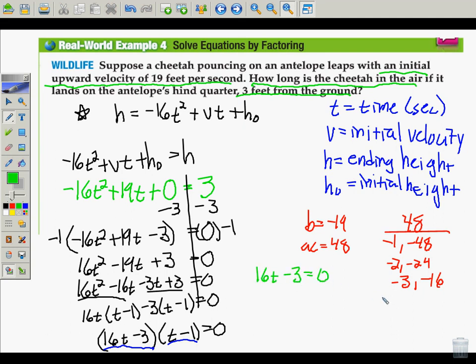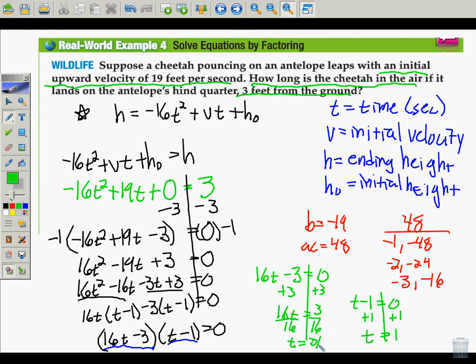This equation, I would get t equals 1. The other equation, I would add 3 to each side, and we get 16t equals 3, divide each side by 16. You'd get t equals 3/16. Okay? So I know t equals 3/16 and t equals 1.